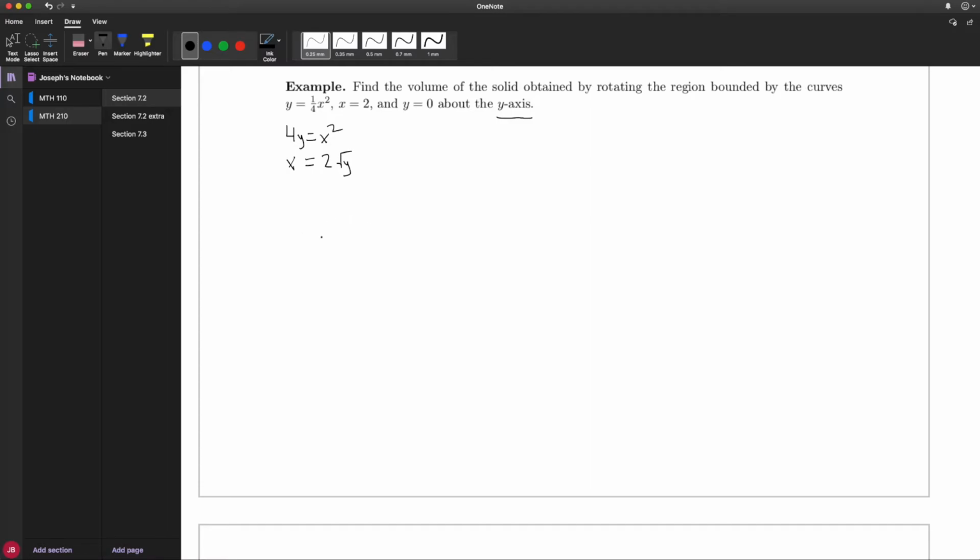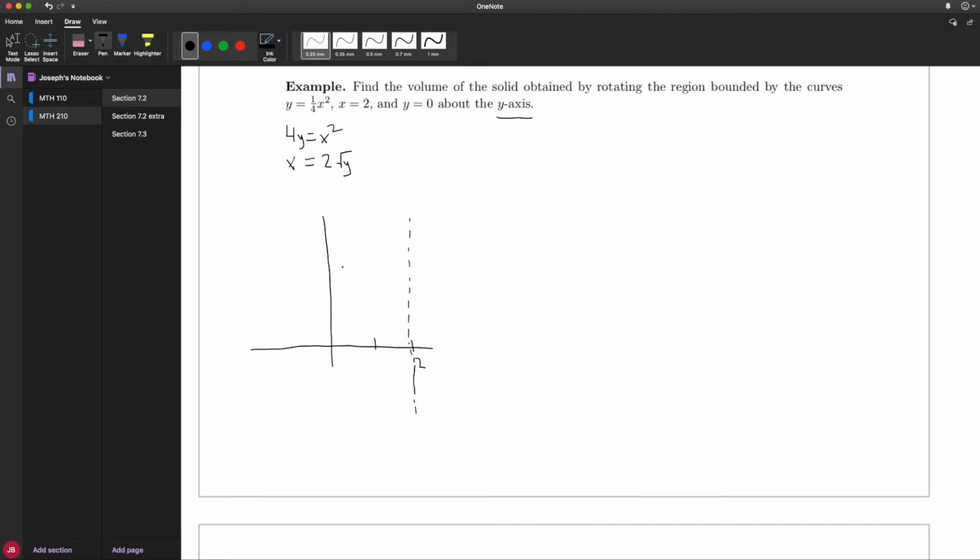Okay, so let's see what this looks like. Well, okay, so the line x equals 2 is actually forming a vertical line, and this will be sort of like the right bound of our region. Y equals 0 is actually the x-axis.